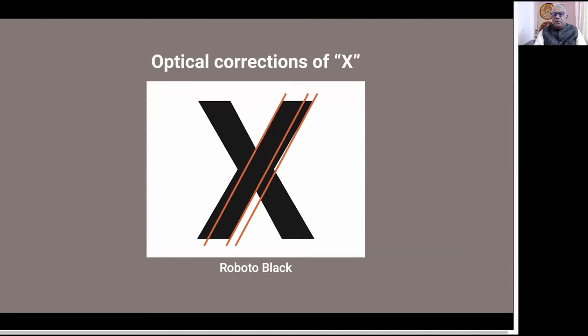So there are a lot of optical corrections done by the font designer to compensate for the movement of the eye and the perception of getting a symmetrical visual structure. There are a lot of this kind of corrections done in this letter form X. It itself is a very important lesson in font design.